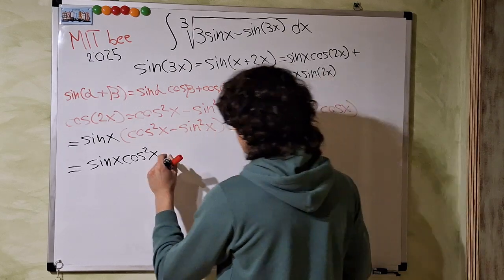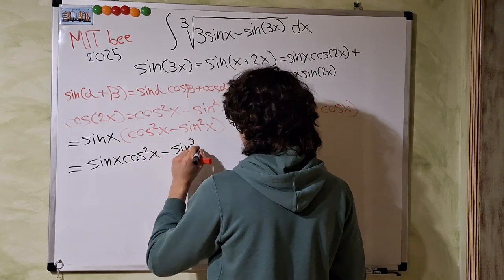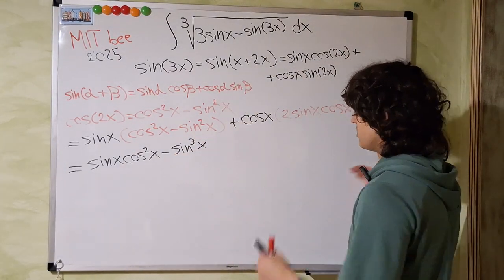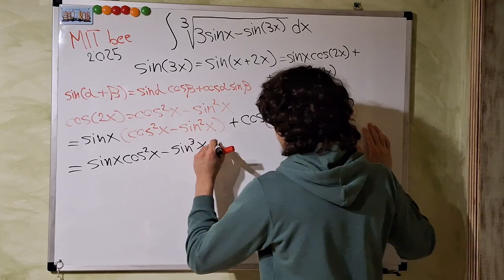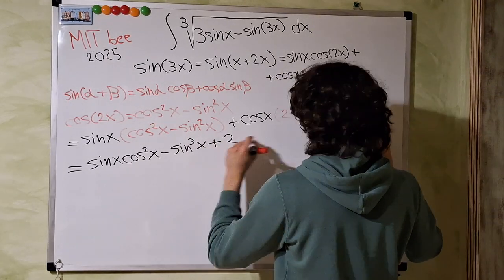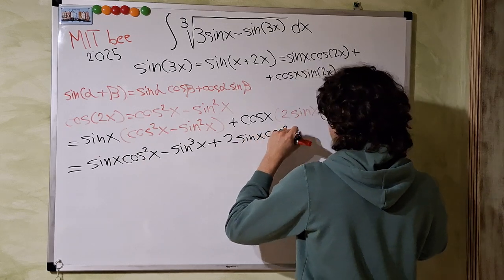Then we have to put a minus sign, and we have a sine cubed of x. This is sine to the third power, basically. And next we have all this term. So plus 2 sine of x cosine squared of x.